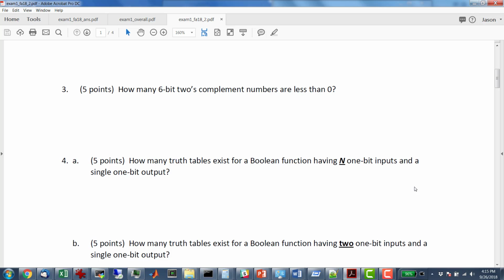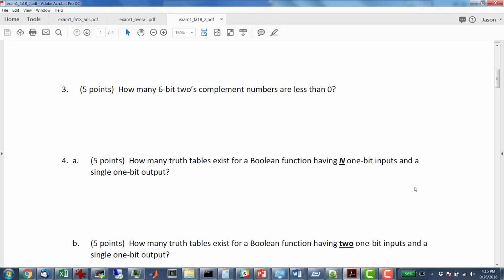So it's 2 raised to the 2 raised to the n. And so if n is 2, then that's 2 raised to the 2 raised to the 2, or 2 raised to the 4, or 16. So there's 16 truth tables for a 2-bit function.